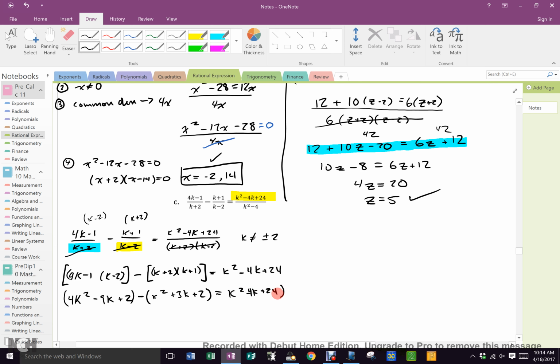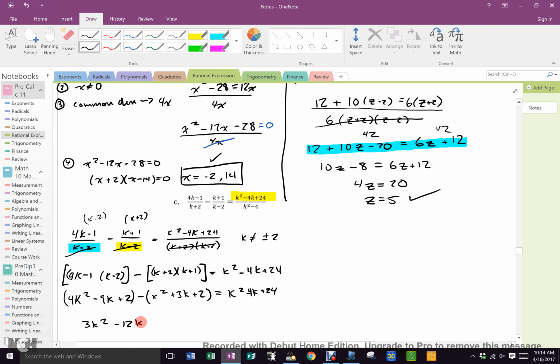Now what do you think? Again, nothing new. You already know how to do this. Subtract them. 4k minus k, 3k squared. Negative 9k minus 3k.